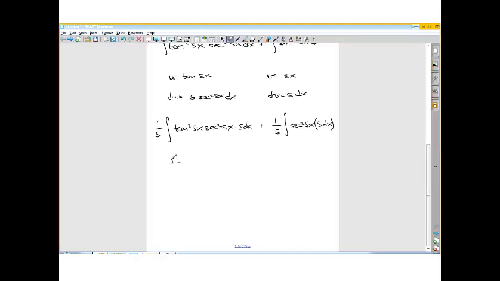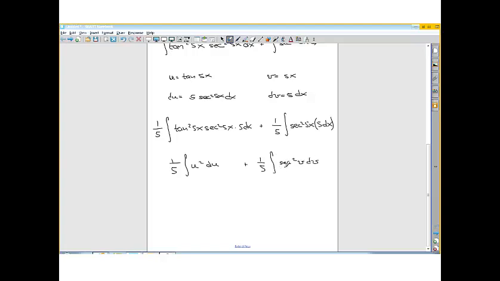So the first integral becomes 1/5 the integral of u squared du. So u is the tangent of 5x, so this is u squared. This is 5 secant squared of 5x dx, which is du. The second integral would be 1/5 the integral of the secant squared of v dv.